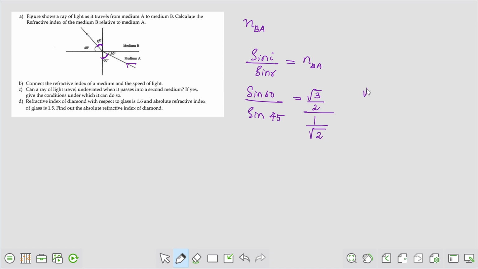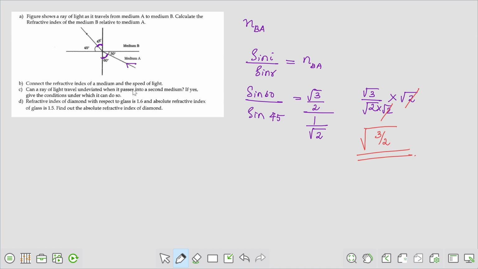So you can take it to the numerator: root 3 by 2 into root 2. This can be written as root 2 into root 2, so you can cancel out this root 2 and this root 2. Finally you will get root 3 by 2. So this is your final answer.